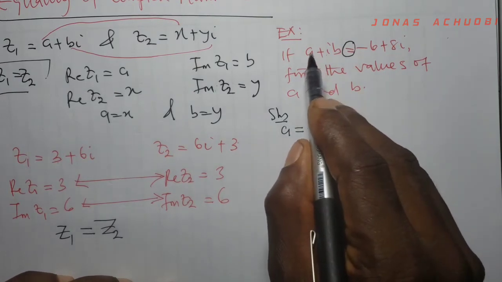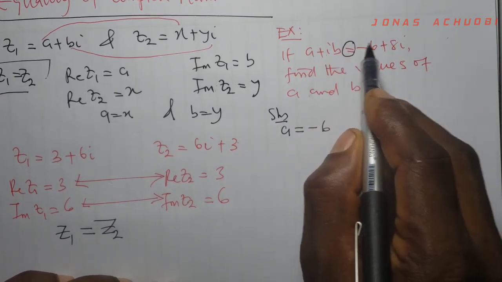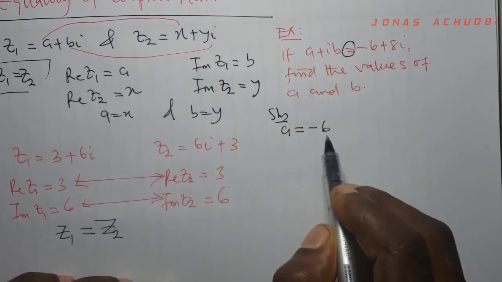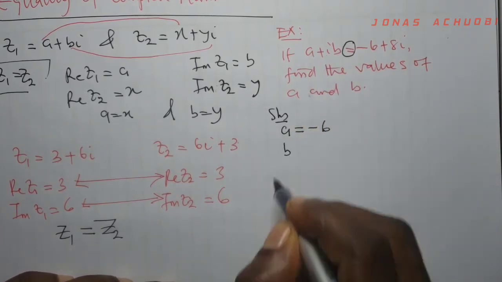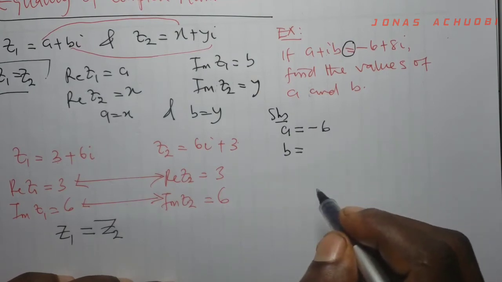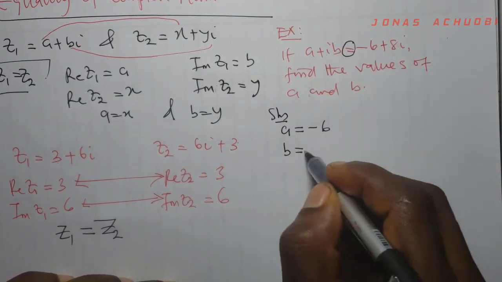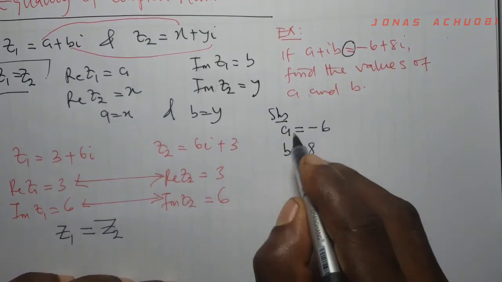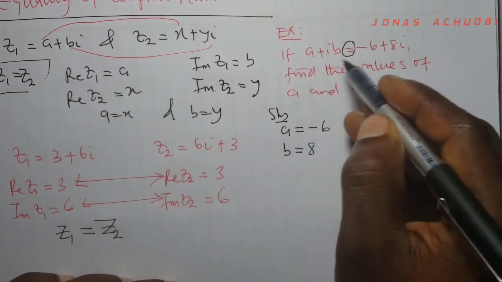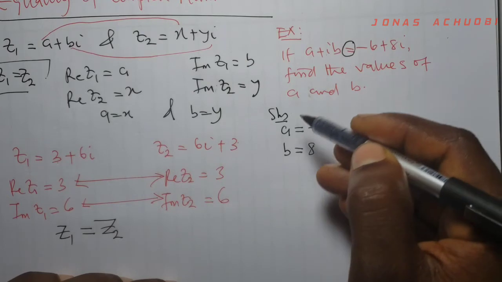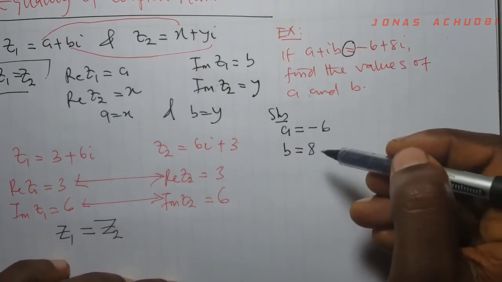So a, the real part on the left hand side, is equal to the real part minus 6 on the right hand side. Equally, the imaginary part on the left hand side is b, and it must be equal to the imaginary part on the right hand side, which is equal to what? 8. Therefore, a is equal to negative 6 and b is equal to 8. We have used the concept of what? Equality of complex numbers to get this sorted out.